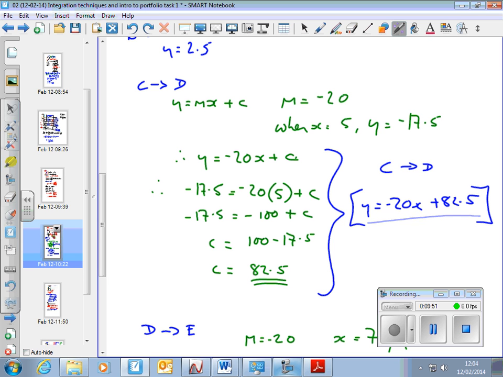And now to find the constant c, I would need 2 points. I'd need to know what the moment was when x equals 5, for example.